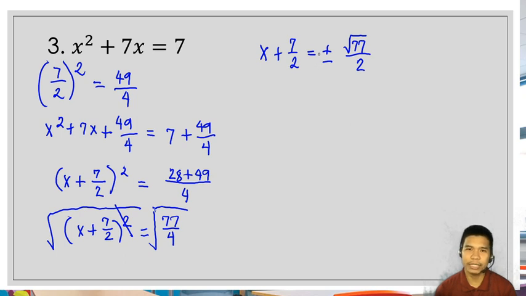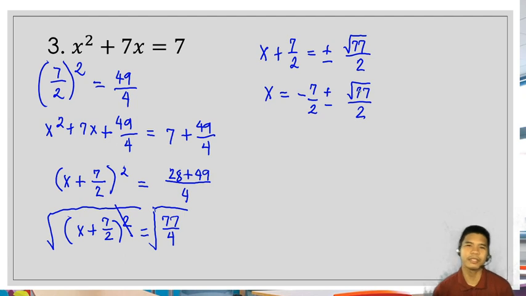Pero dito natin siya ilalagay before ba positive and negative para hindi tayo malito. So, to do that, magiging x equal to, so unahin natin yung ililipat natin, that is negative 7 over 2. Tapos copy nyo lang, plus and minus square root of 77 over 2.